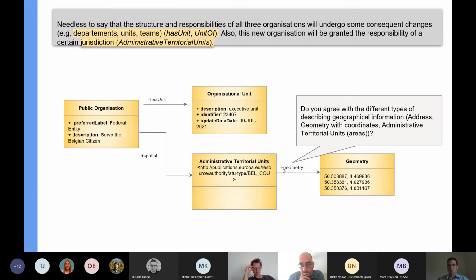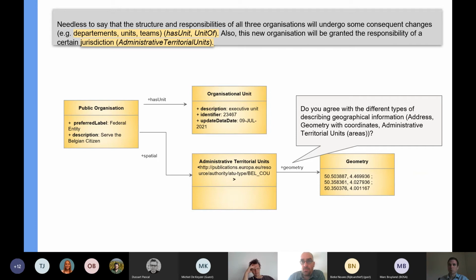What kind of geographical information do we need? At this stage, in this example, we have the address, but only one address. We could describe other ones, but then related to the previous discussion we had, how to capture the purpose of the address. That's something we'll maybe need to discuss a bit.